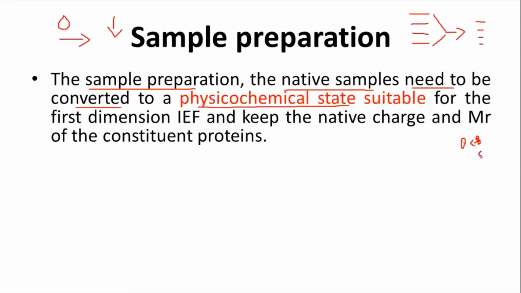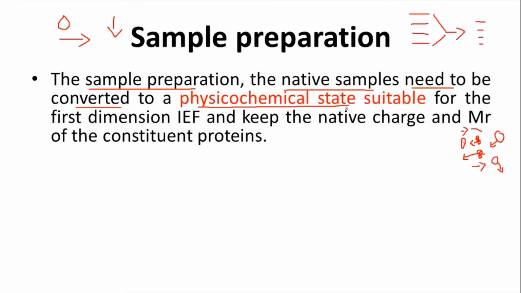So according to the structure, if you are taking a metal protein, you remove the metal ions. If you take ferritin type of proteins, you remove the Fe ions. If you are taking glycoprotein, remove the glyco part, lipoprotein, whatever it is. So some physiochemical state you can alter, you can convert.